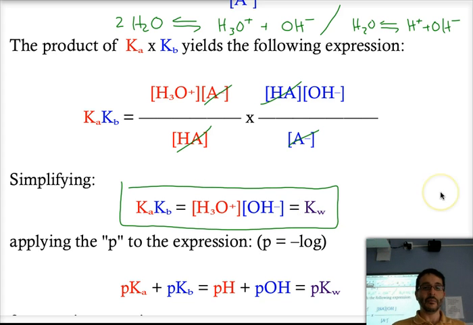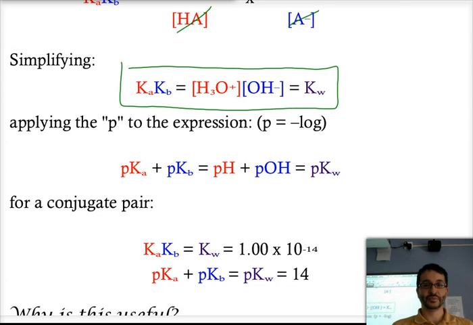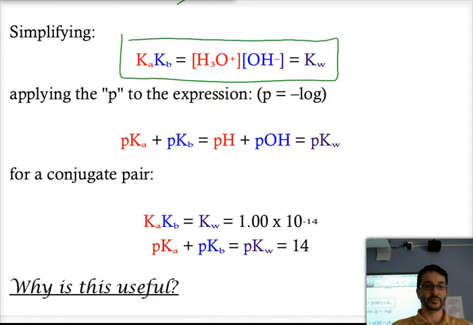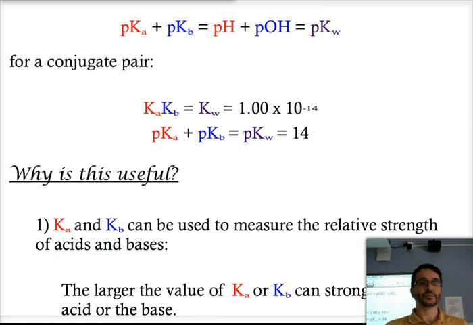So be mightily careful that pH and pKa are not the same thing, and pOH and pKb are not the same thing, but when added together they do end up resulting in the same numbers. So these are the equations that I really want you to take home.